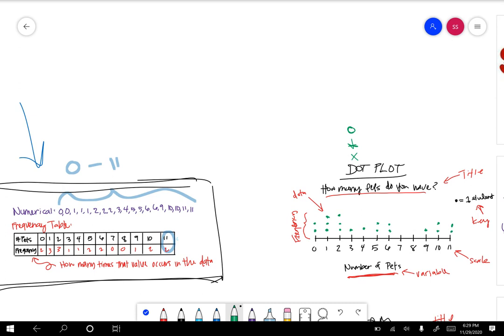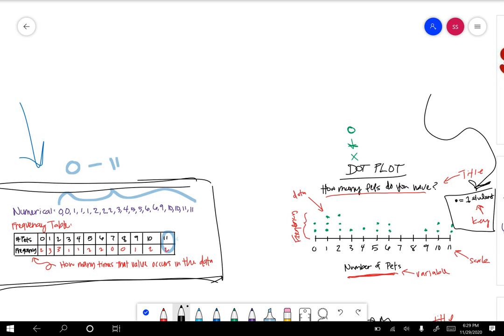So each dot, again, would be the data from your data set. The next thing I wanted to talk about was the key. This part right there, this key right here. The key is just basically telling whoever's reading the graph what each thing represents, right?